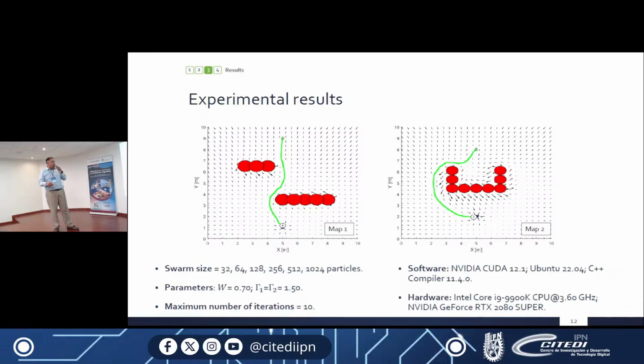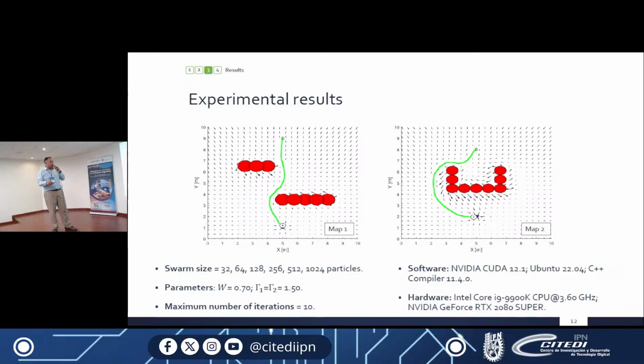We test our proposal with several configurations. Here, with the limitation of time, we have two different environments. A very simple environment for path planning, but at the same time, challenging for path planning algorithms. This one represents a trap for the path planning methods.